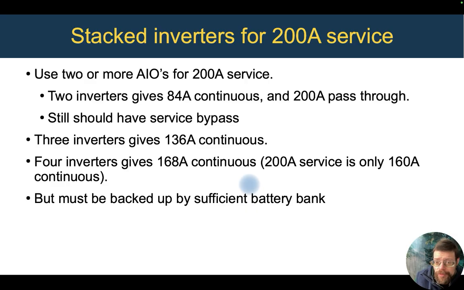There's a lot fewer 200 amp services regularly running more than 84 amps than there are ones that regularly exceed 42 amps. And we could always go to 3 inverters or even 4 if we really wanted to fully back up that 200 amp service no matter how heavily it's loaded.